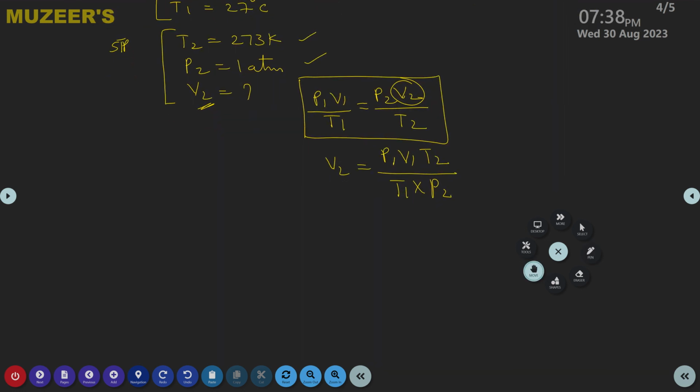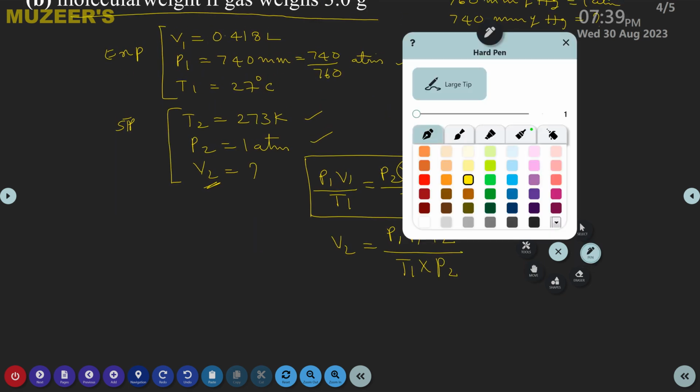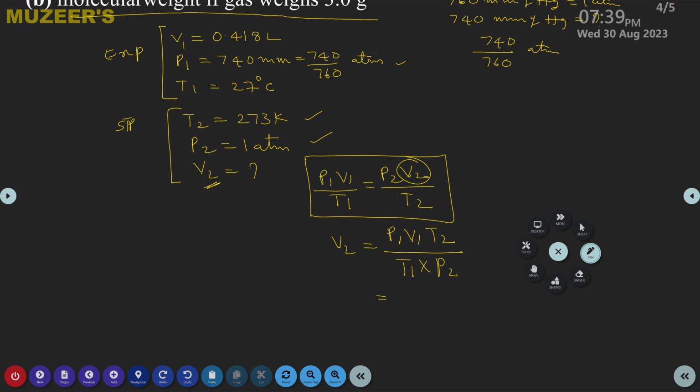Substitute those values here. How much? See here, P1, how much P1? Pressure 740 divided by 760 into volume V1, how much? That is 0.418 into T2, how much T2?